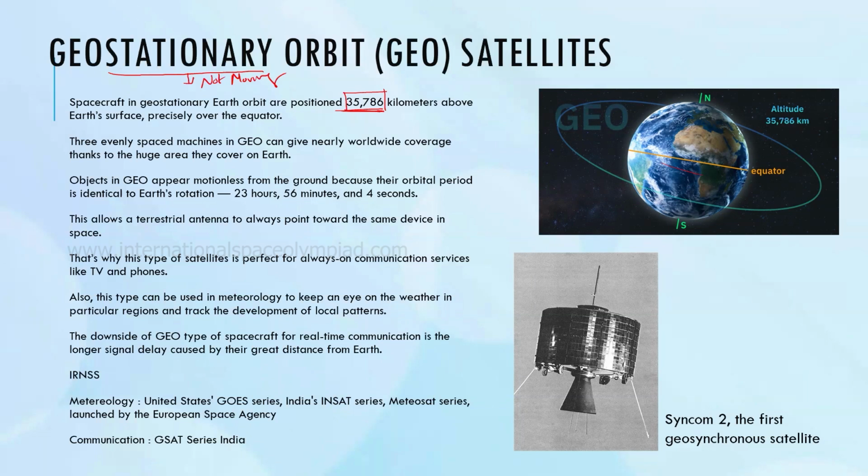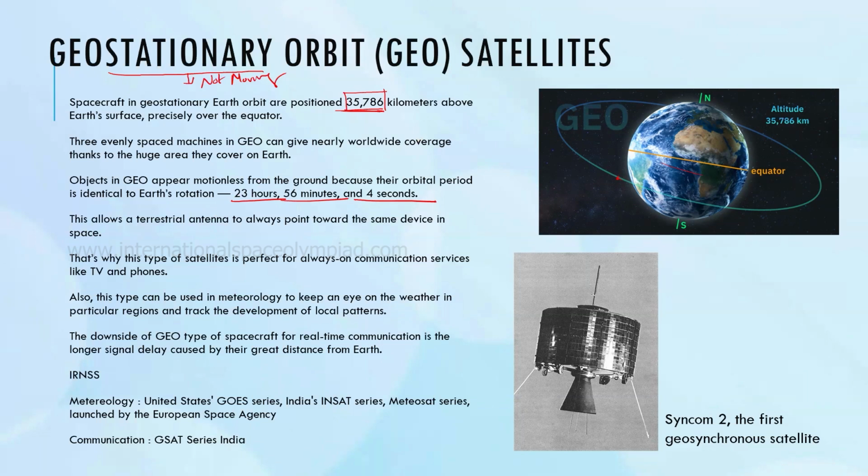Now what is the speciality of this height? At this height, the time taken for the satellite to complete one orbit is 23 hours 56 minutes and 4 seconds. And what is that? It is the rotational period of Earth. What do we mean by orbital period? The time taken by the satellite to complete one circle.